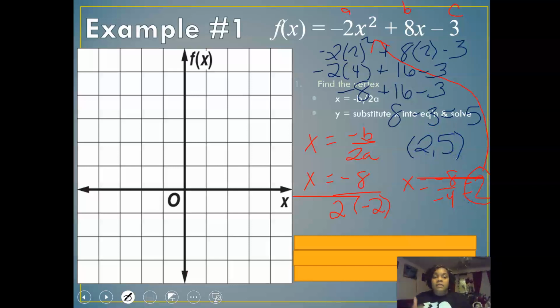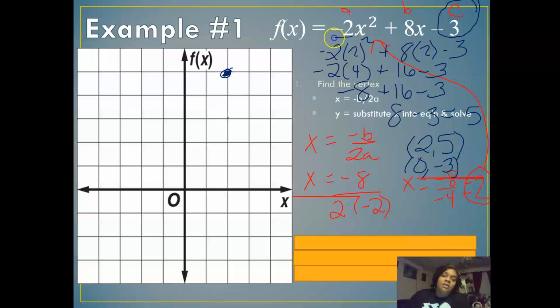And I have the starting point, which is C. Our starting point is 0, negative 3. So here's how you can do this. Our vertex is 2, 5.